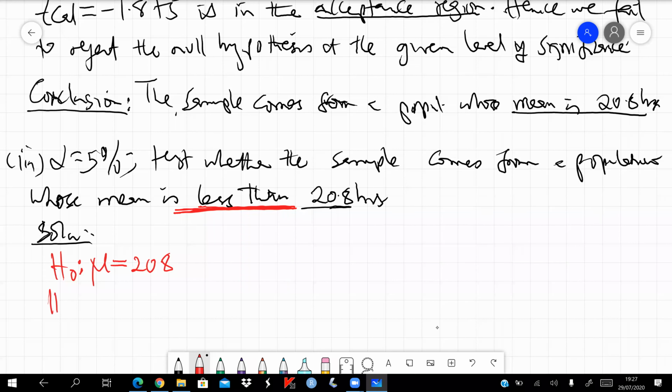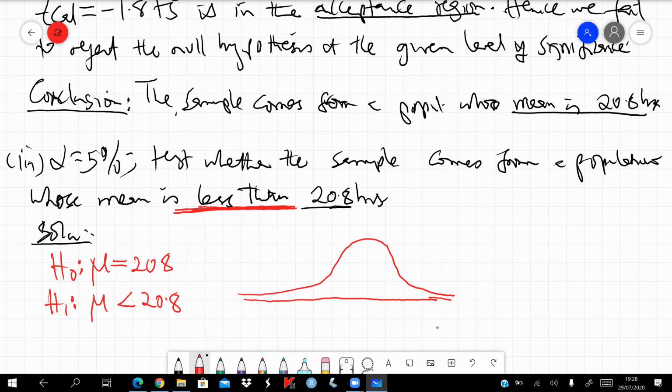So here we have H1, mu is less than 20.8. That is calling for a lower tail test. So you put all your 5% here. So this will be alpha is 5%.